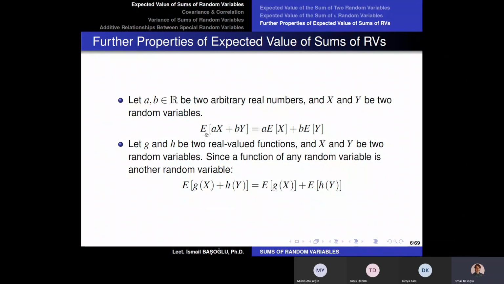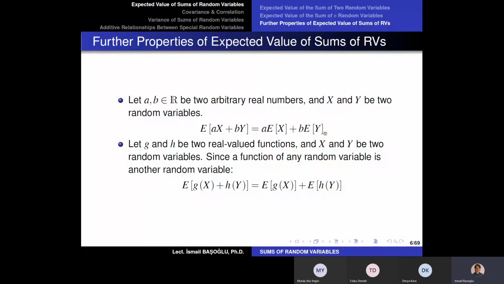I first distribute aX and bY to their respective expectations. However, you also know that under linear transformations or linear functions, the coefficient inside an expected value can safely get outside. So therefore, we can write this expression as a times the expected value of X plus b times the expected value of Y.